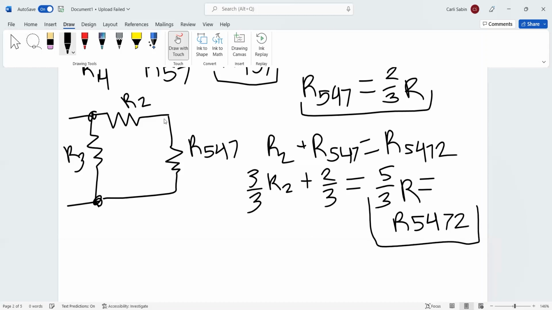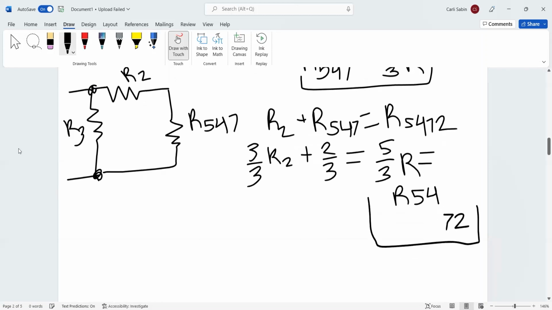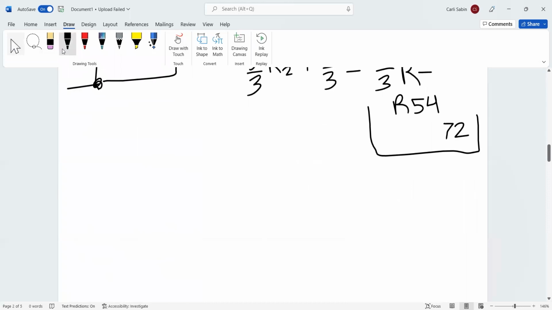So now that we have these two added together, we can see that this is just going to become one resistor, and then R3 and R of 5,4,7,2 are going to be in parallel because there's these two nodes separating them. So then we can go ahead down here and we can take that same resistor in parallel equation and have 1 over R3 plus 1 over R of 5,4,7,2.